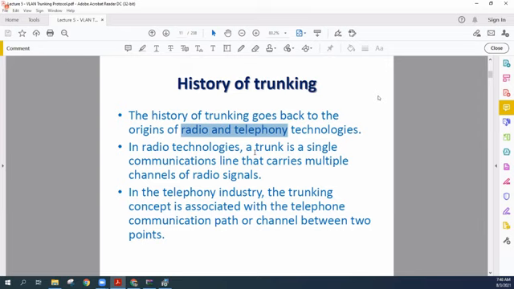In radio technologies, the trunk is a single communication line that carries multiple channels of radio signals. Right, a single communication line, but it carries multiple channels of the radio signal. If you have a better understanding of wireless networking, you can understand the different situations, because different frequencies are used to broadcast the radio channels.